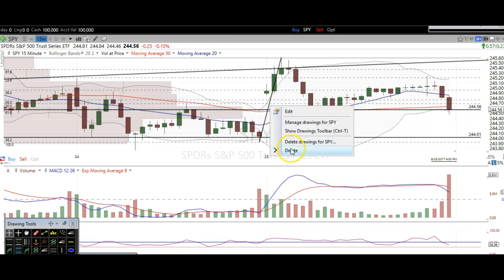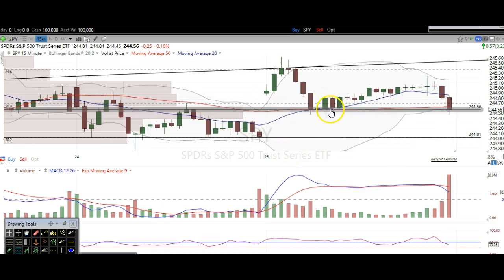I'm just going to delete this to clean up the chart. So if we saw some kind of a reaction at this level, meaning a hammer, a spinning top, a doji, something like that, then we were going to take profits on the rest of that trade.